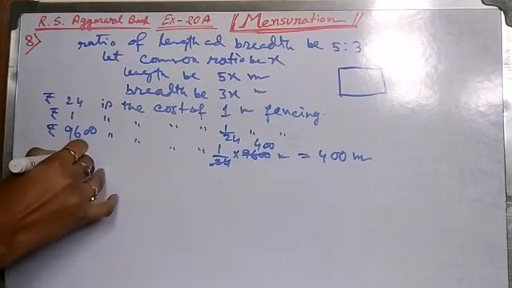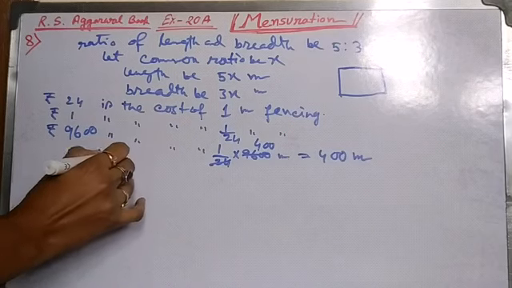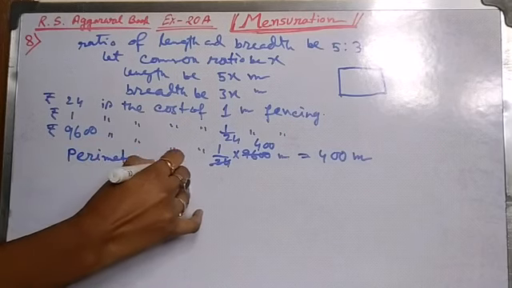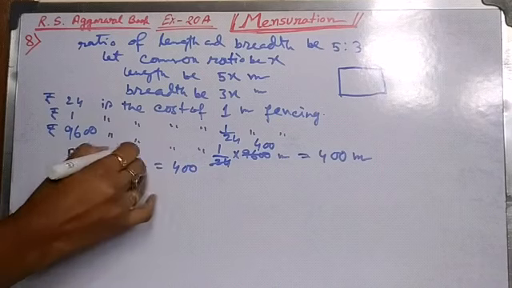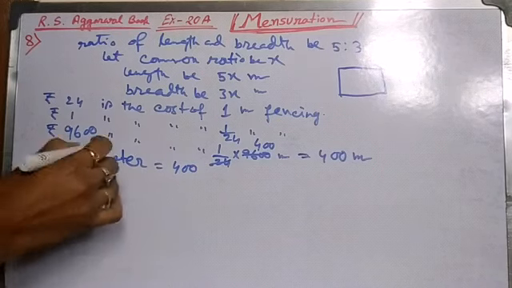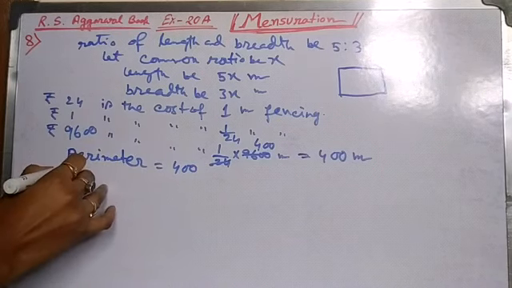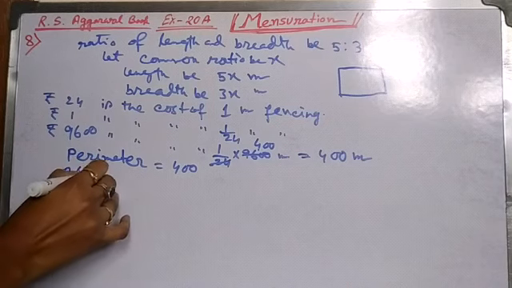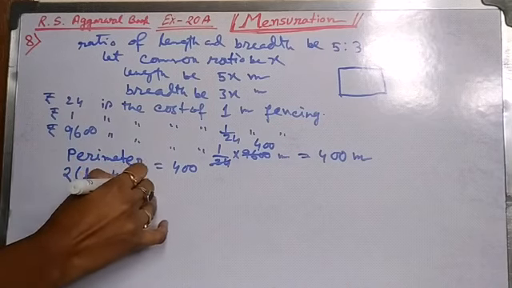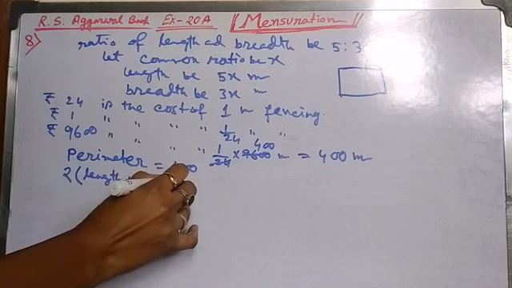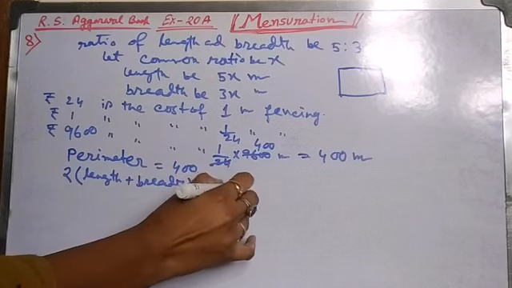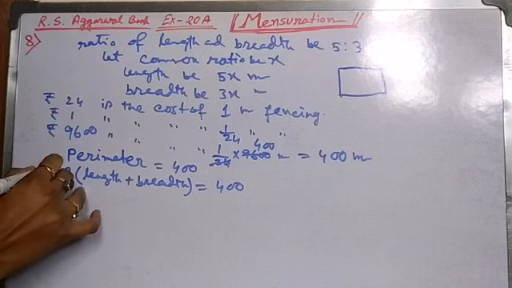So perimeter equal to 400. Then the formula of perimeter of rectangle is 2 into length plus breadth equal to 400. Here we'll put the value of length and breadth.